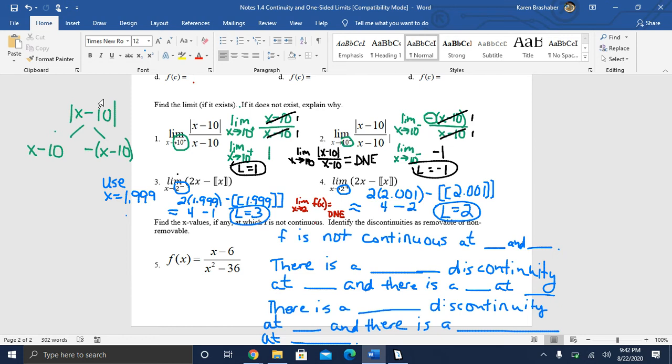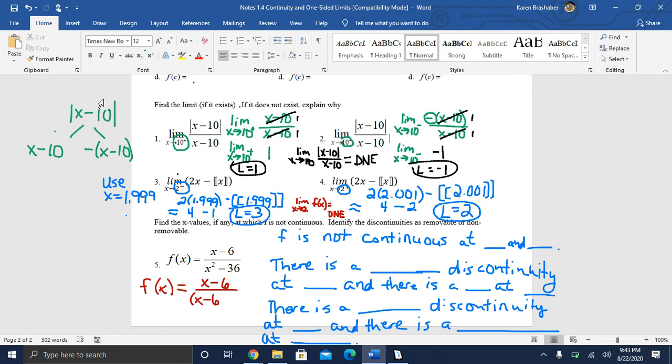So on this problem, now notice that we're not asked to do a limit. We're just going to look at this function. So when I see that x minus 6 over x squared minus 36, I've got a rational function. So I'm going to be thinking about the denominator, and are there any values of x that would cause me to have a 0 in that denominator? Well, that would be a lot easier to look at if I took that denominator and factored it.